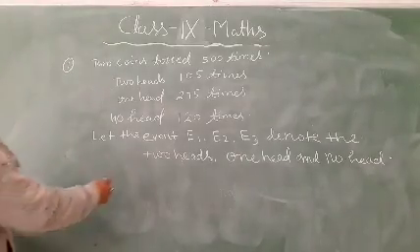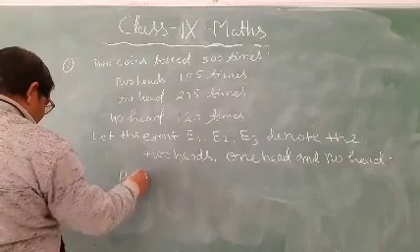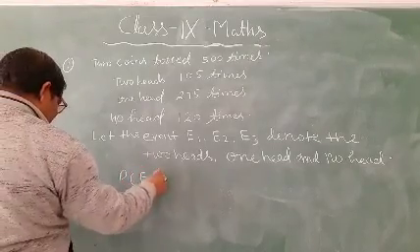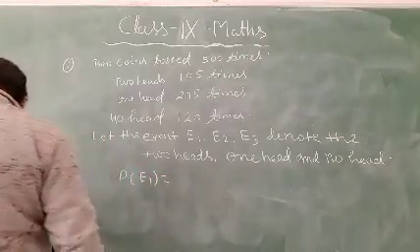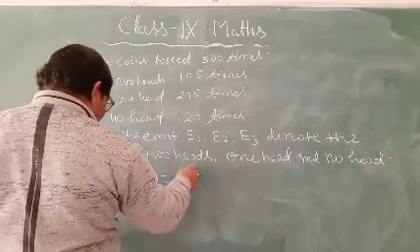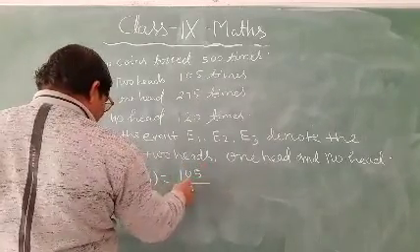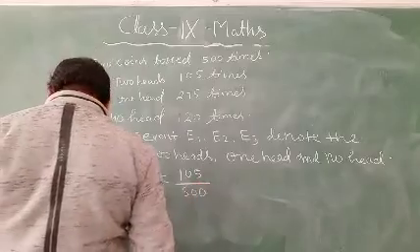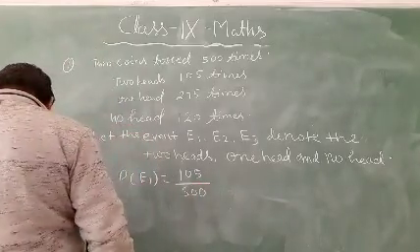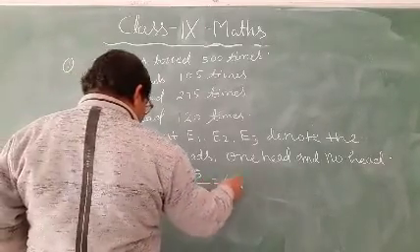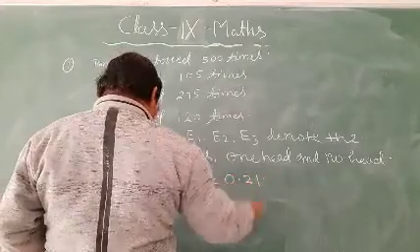So the probability of E1 is 105 upon 500, equal to 0.21.